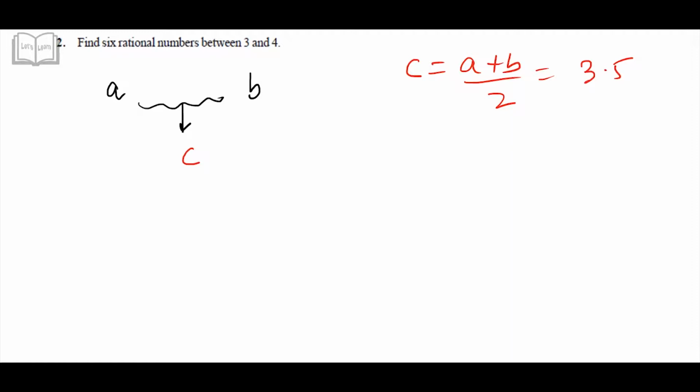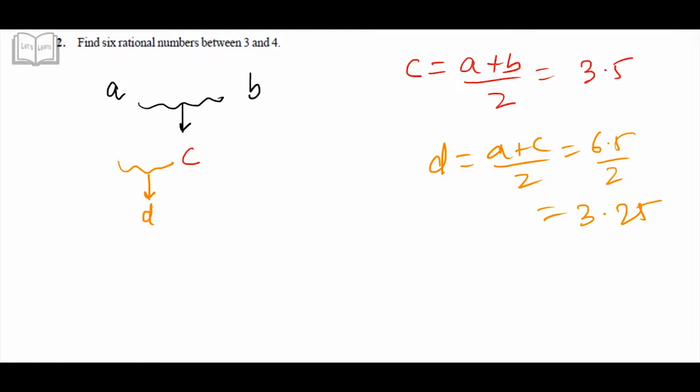Now, if I want to find a number between A and C, which let's say is D, D will be (A plus C) by 2, which will be 6.5 by 2. So it will be 3.25, something like that. In this way you can go on, you can find a number between A and D, say E. So E will be (A plus D) by 2 and so on, and you go on and on.